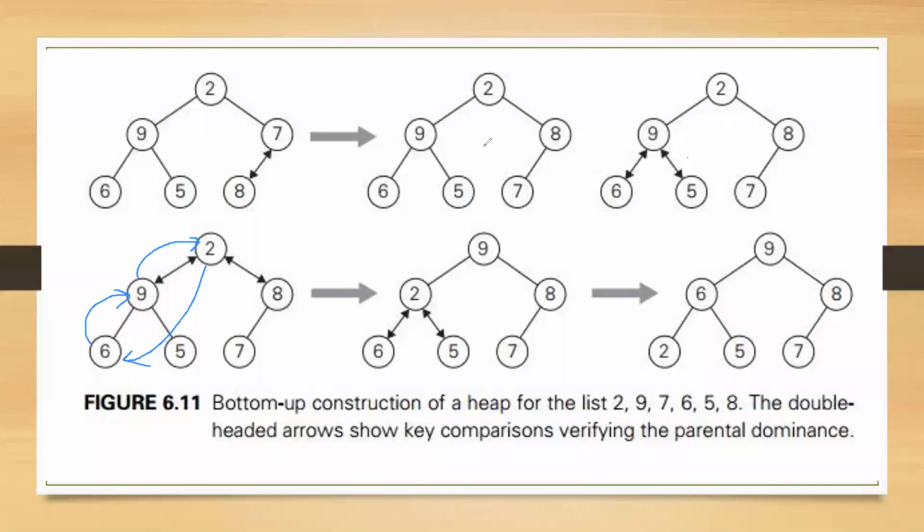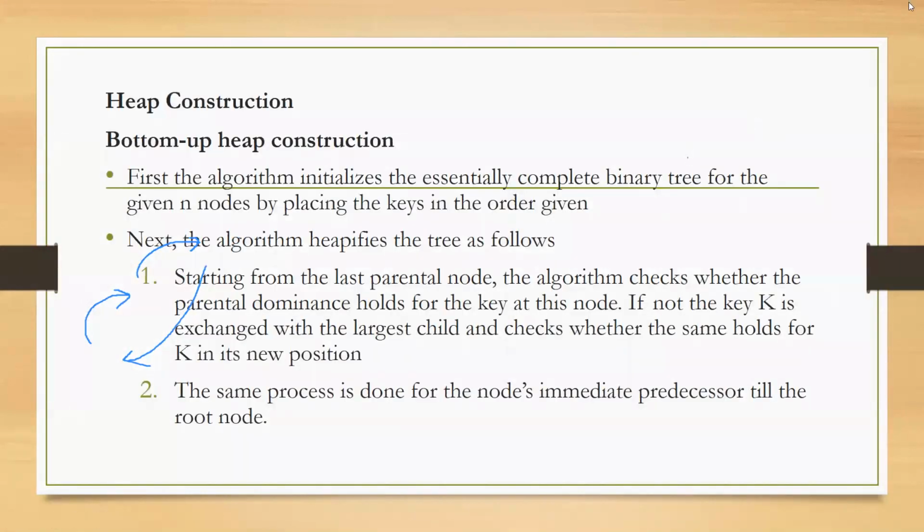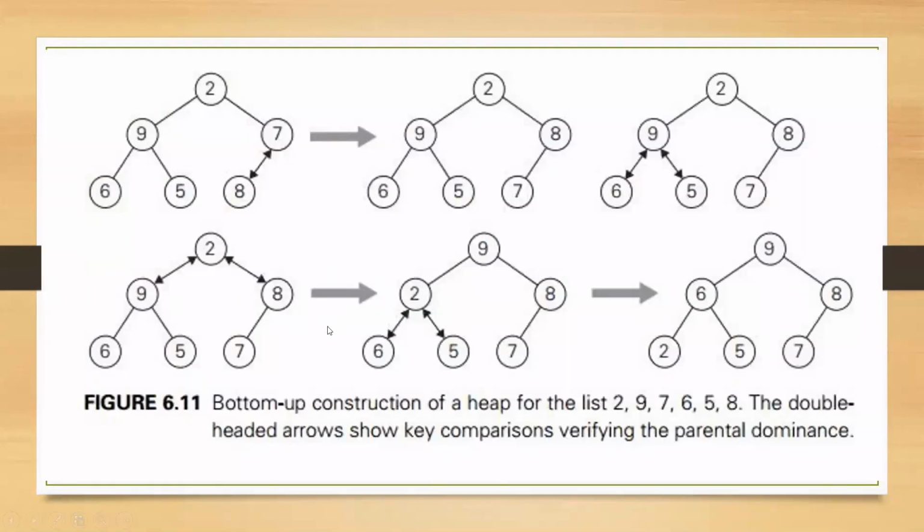Once again, just have a look at what we learned, the theoretical part of bottom-up. Bottom-up heap construction contains two steps. One is initialization. Initialization means you have to initialize the binary tree, essentially a complete binary tree, based on the input given.